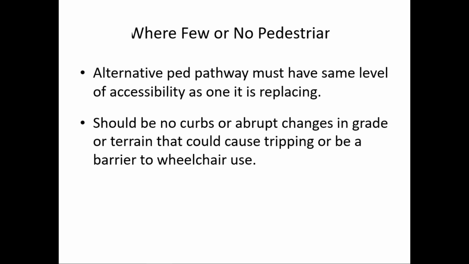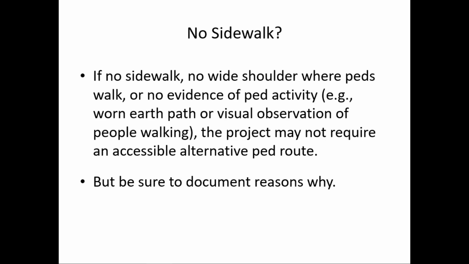A question that comes up sometimes, and maybe you can't remember the exact details of the question this morning, but what if there's no sidewalk, but you're going to be doing some work maybe on the side of the road?